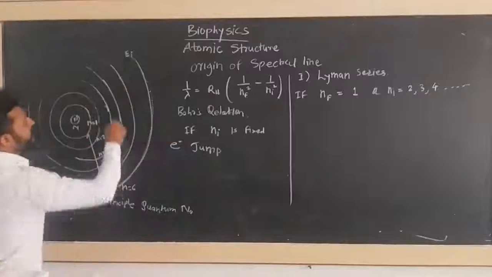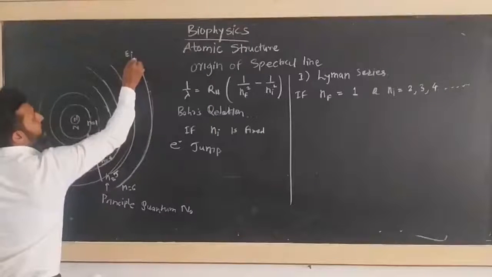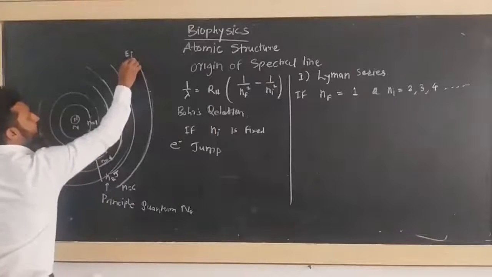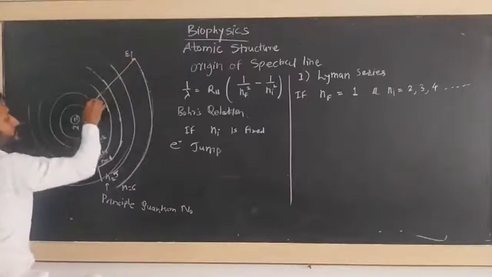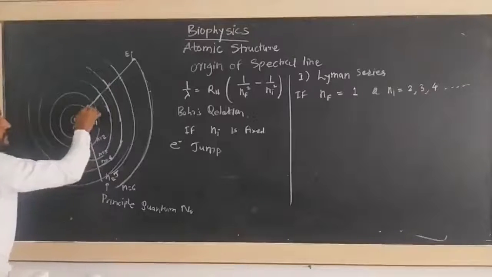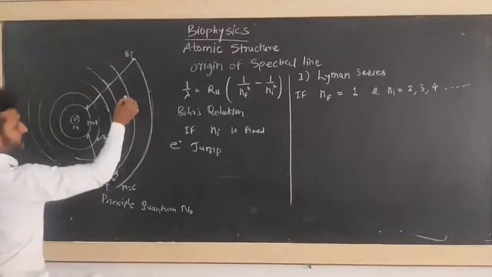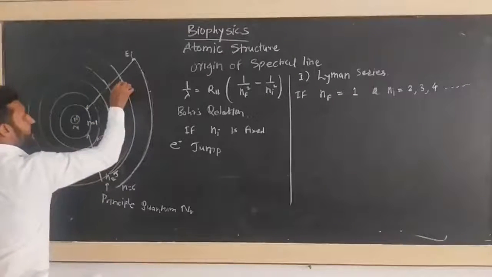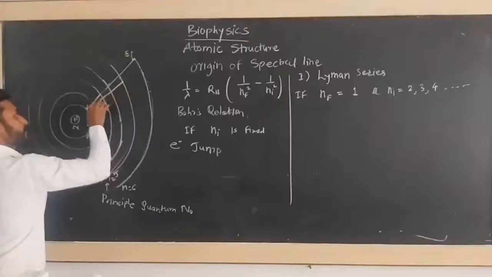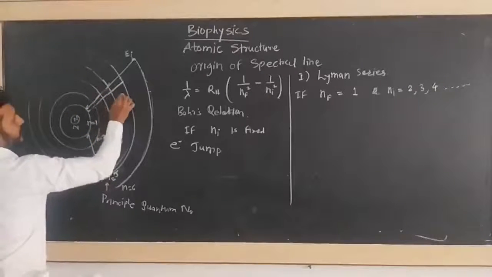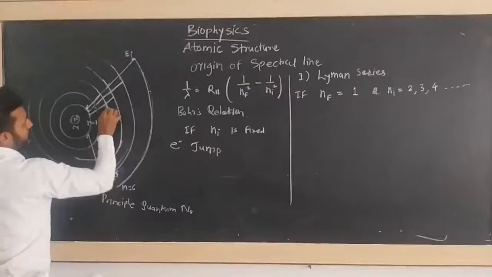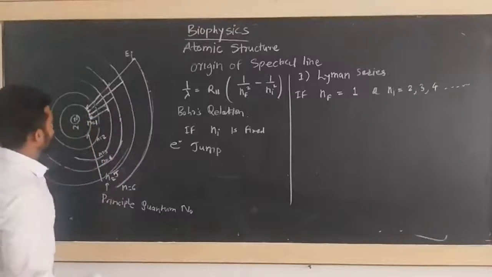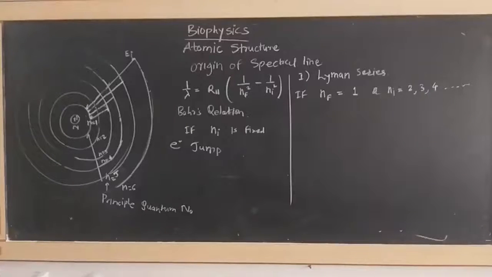So that means here, if you consider this is the initial state, an electron jumps from n is equal to 6 to 1, or if n is equal to 5 is the initial, it will jump from 5 to 1, and similarly here 3 to 1, similarly 2 to 1, right?